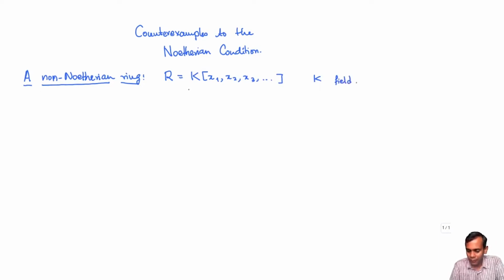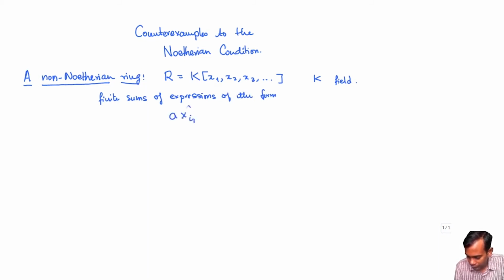What does this mean? Well, an element of this ring is just a finite set of monomials in the variables x1, x2, x3. So finite sums of expressions of the form a xi1 to the d1, xi2 to the d2, ... xir to the dr. So we just take a finite sum of expressions of the form.